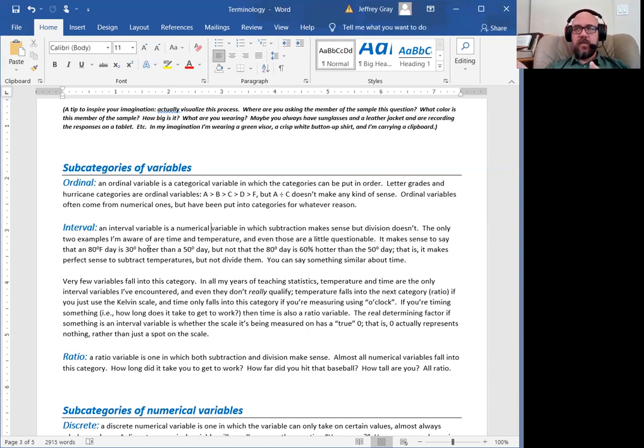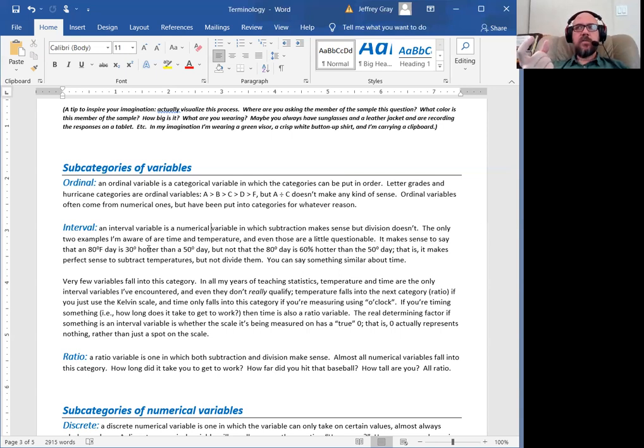And if you're timing things, like let's say the women's 100-meter dash, Elaine Thompson just ran a really good time in the women's 100-meter dash. She ran a 10.54. And Shelly Ann Fraser-Pryce came in second in that race, and she ran a 10.73. You can subtract those times, that's usually what you do, but you could also find a ratio of them.